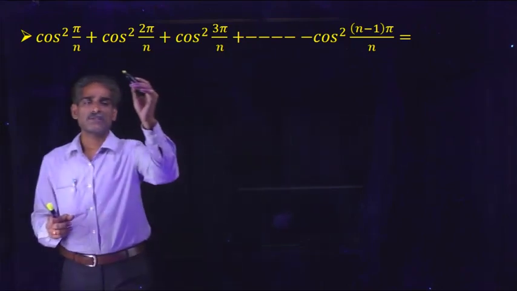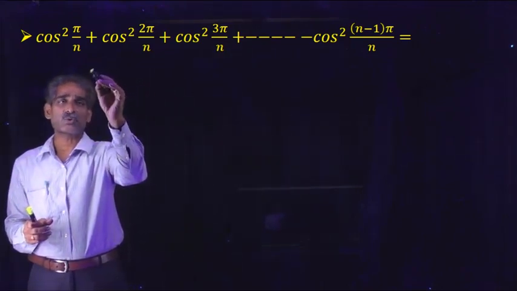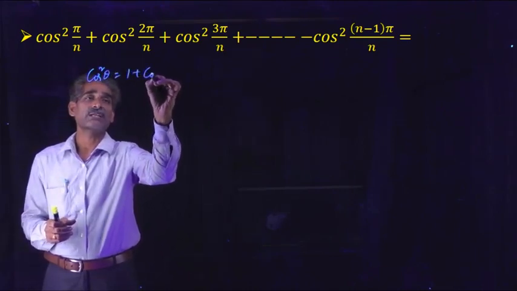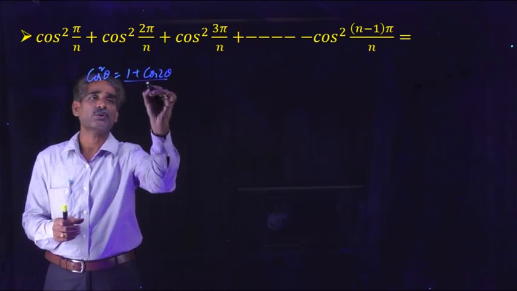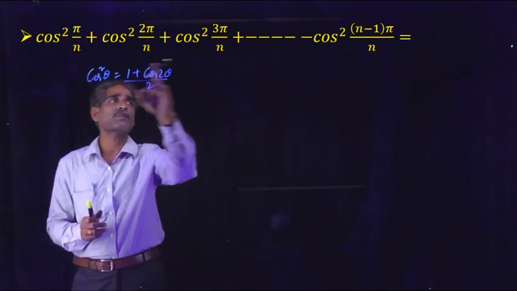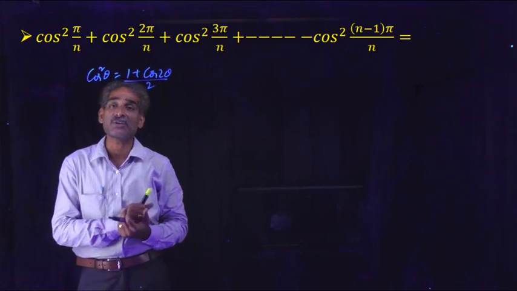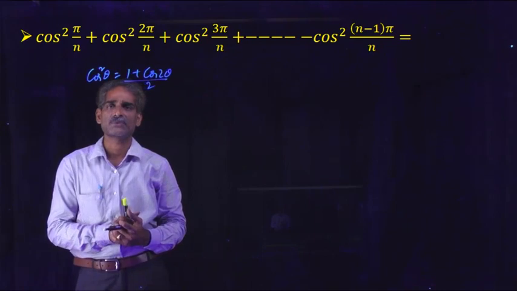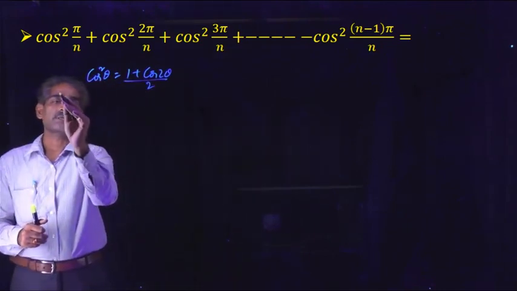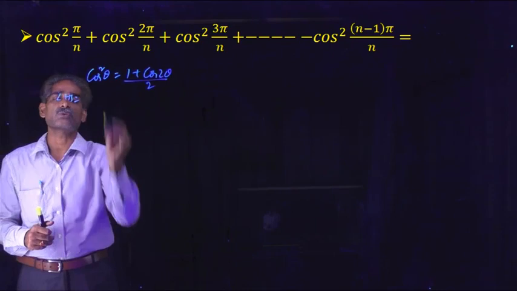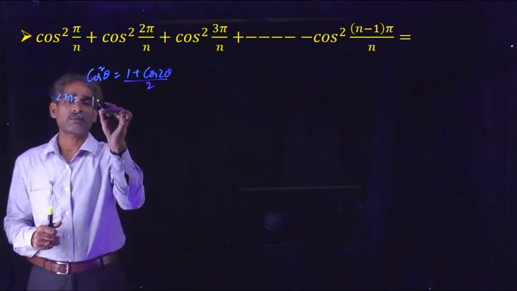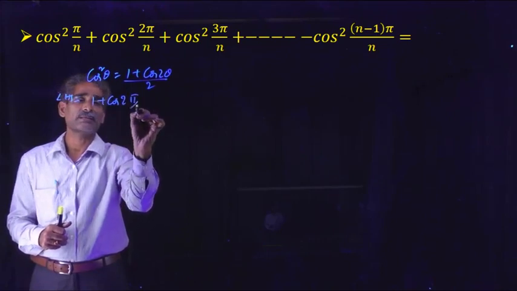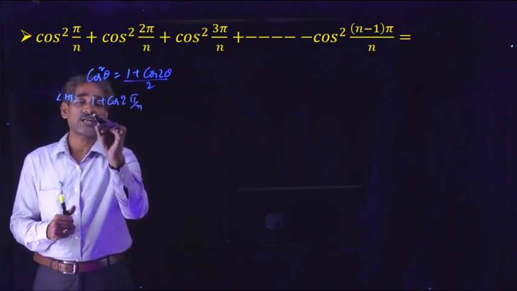So what is that? Cos square theta is equal to (1 + cos 2 theta) by 2. If you apply the same formula for all the terms, you will get an expression in terms of cos theta, cos 2 theta, like that: first degree terms in cos. So now take LHS equal to cos square pi by n, which is (1 + cos 2 pi by n) by 2.